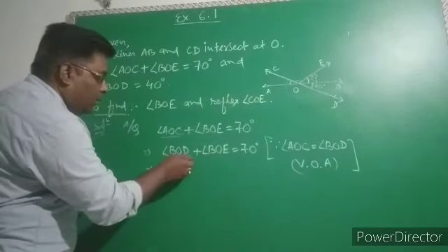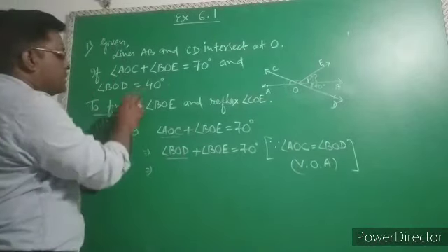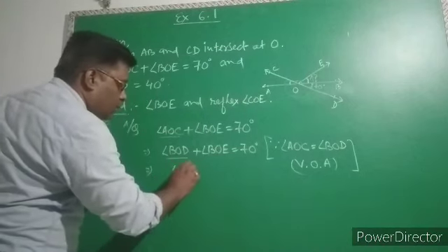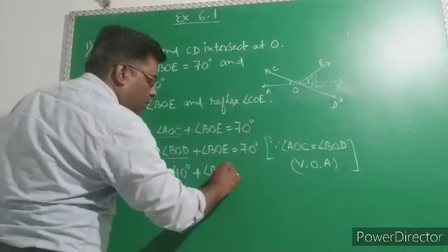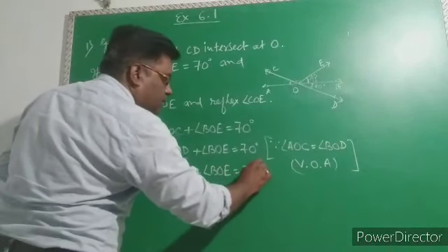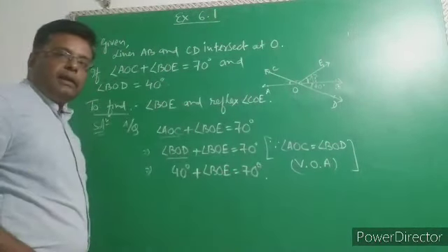Now BOD is given, it's 40 degree, plus BOE is equal to 70 degree.